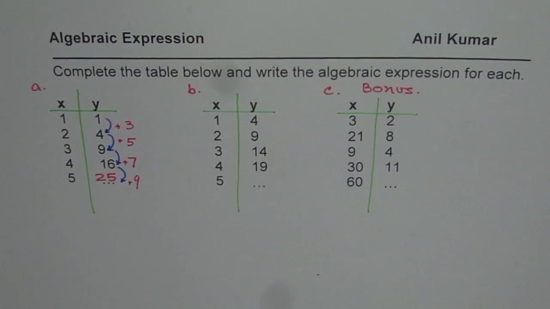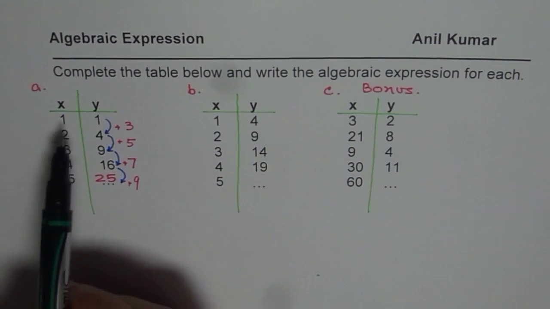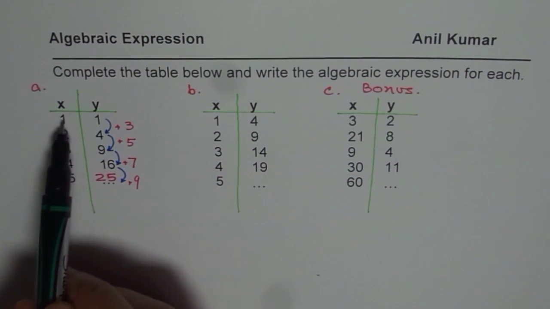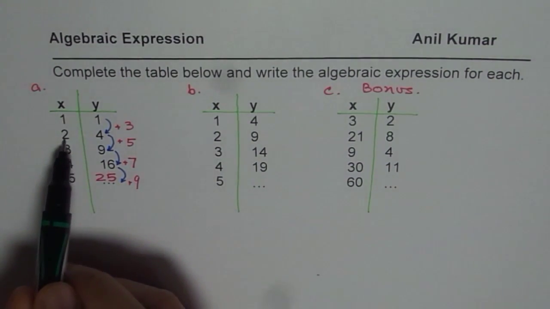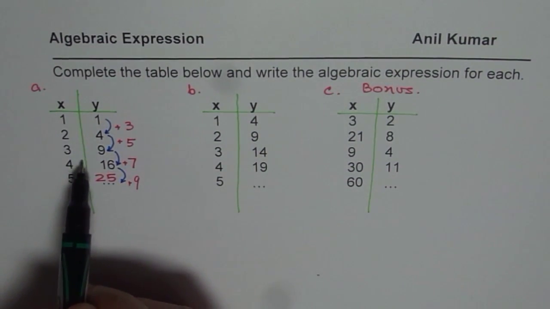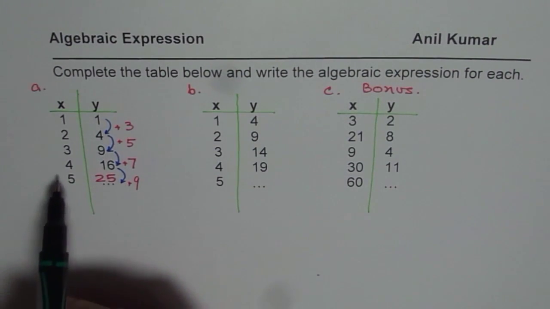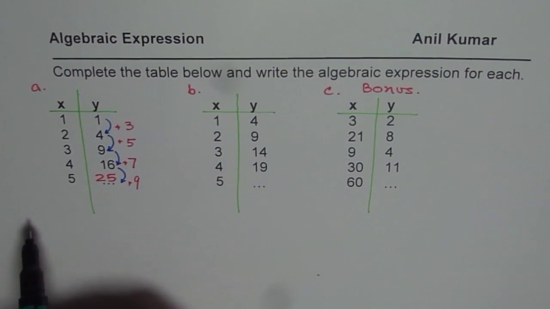Now that is one way of looking into it. The other way to look into this pattern is probably simpler, and that is, how do I get 1 from the x value of 1? How do I get 4 from the x value of 2? How do I get 9 from 3? And how is 4 related with 16?